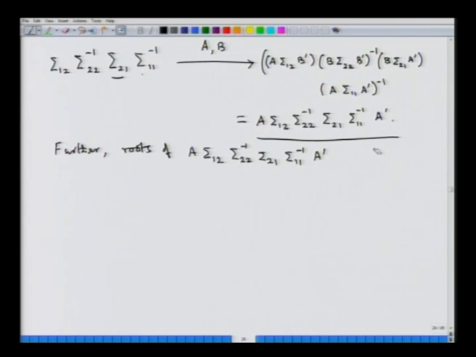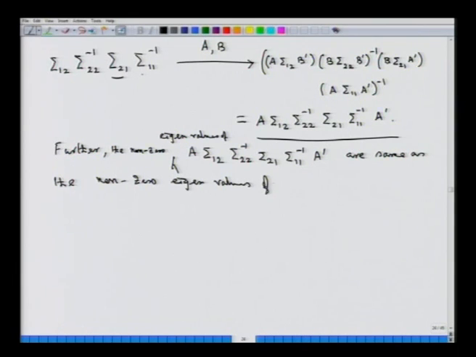I should write that the non-zero eigenvalues of this are the same as the non-zero eigenvalues of, if we consider this to be a C matrix, then this is going to be an inverse here, because we are looking at the last term, which is A sigma 1 1 A transpose whole inverse.